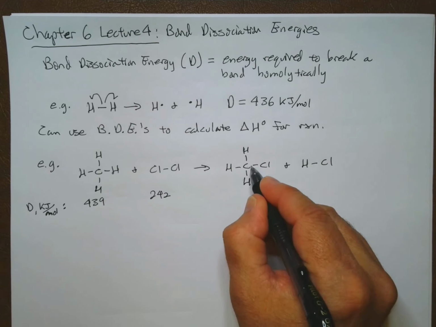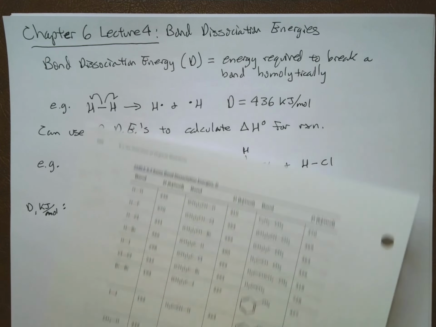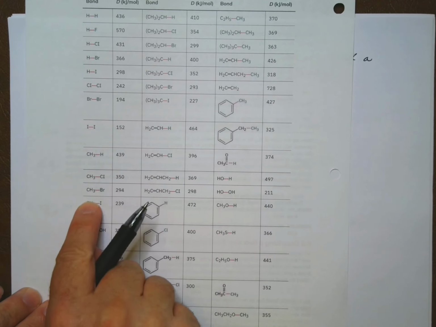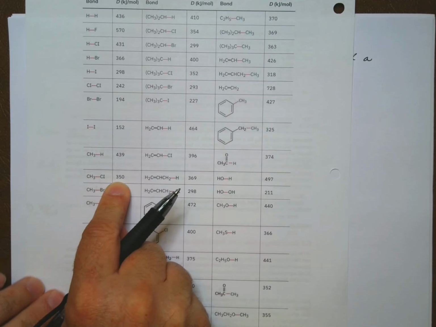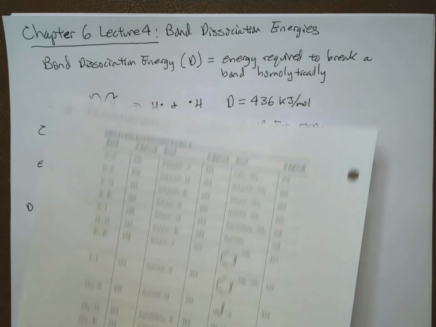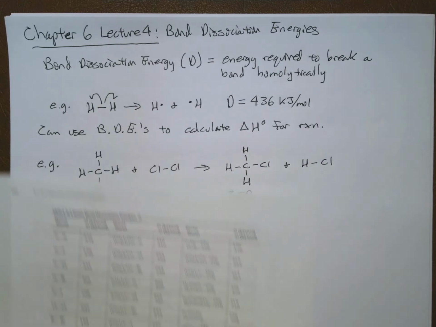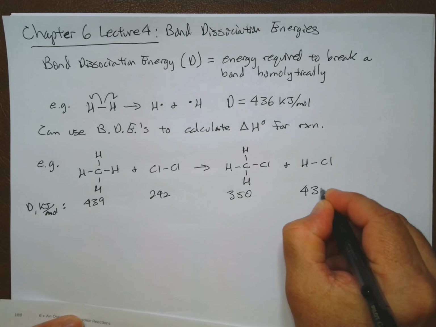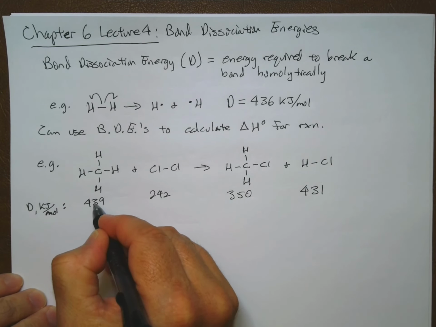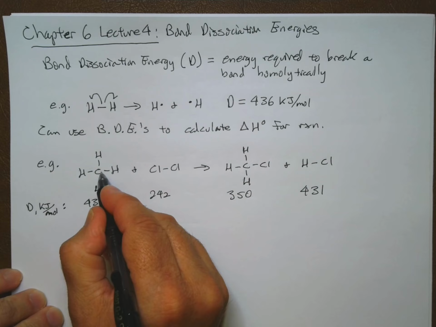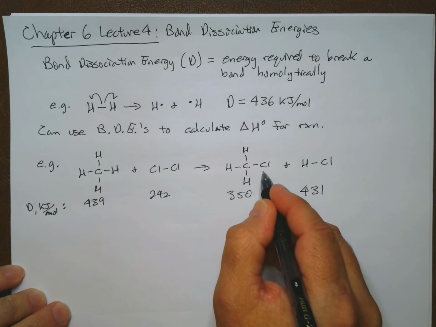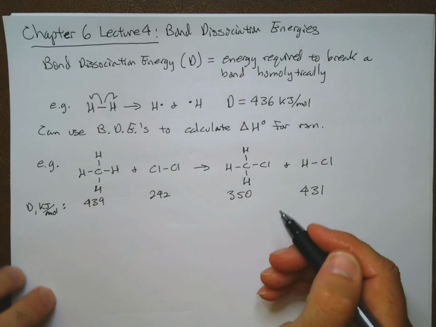My C-Cl bond dissociation energy in CH3Cl is 350. And my H-Cl bond dissociation energy is 431. I've got multiple bonds here, but the 439 for methane applies to just one C-H bond, and the 350 for chloromethane applies just to the C-Cl bond.